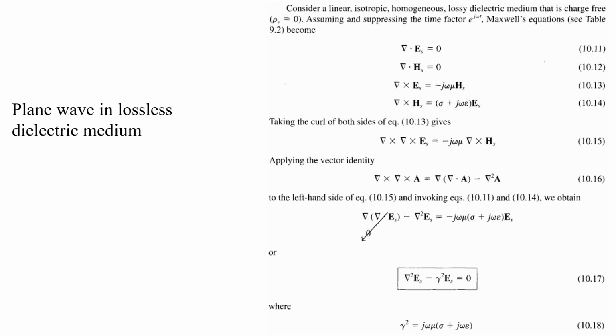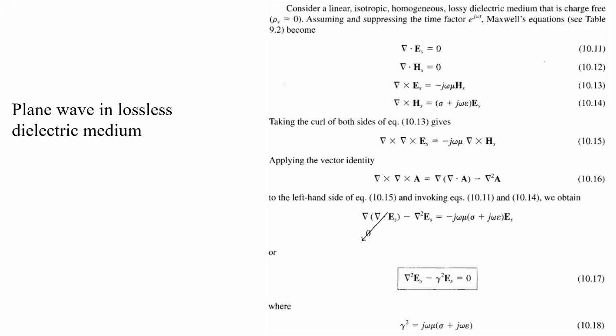For this case, since we are considering a linear, isotropic, homogeneous, and lossy medium that is charge free, that is rho v is equal to 0, means there is no charge in the particular region. So that is why the first equation, divergence of E, is equal to 0, because there is no charge enclosed.